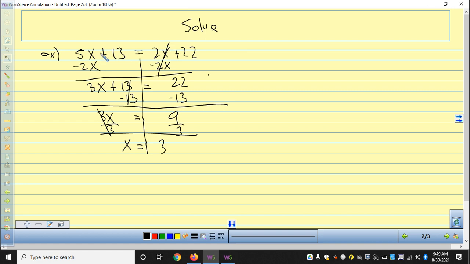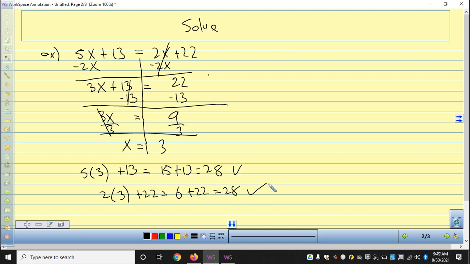And we should see that whatever we get, let's look at it, 5 times 3 plus 13 equals, 5 times 3 is 15 plus 13, which is 28. 2 times 3 plus 22 is 6 plus 22, which is 28. And those two things are equal, and that tells us we did this problem correctly.